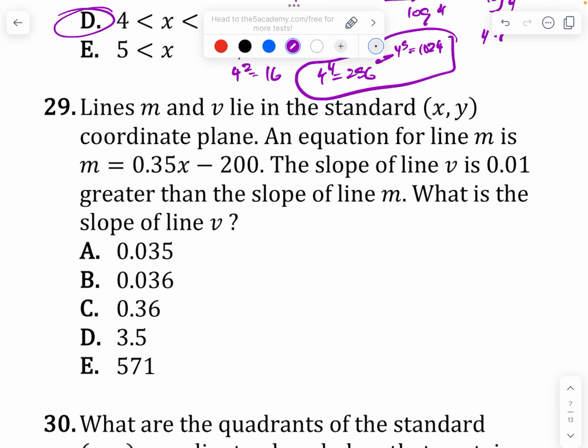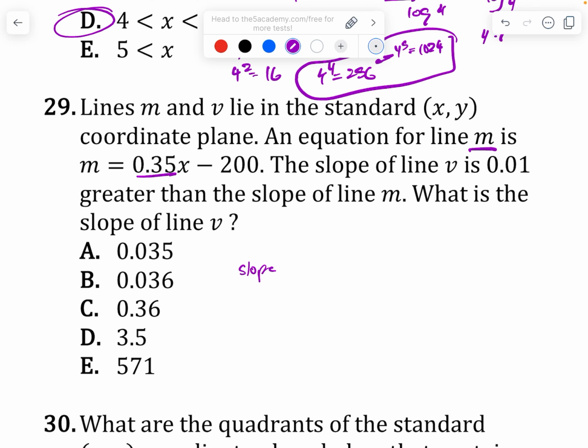Lines M and V lie in the standard xy coordinate plane. An equation for line M is this. The slope of line V is 0.01 greater than the slope of line M. What is the slope of line V? Okay, so the slope of line M is this, 0.35.